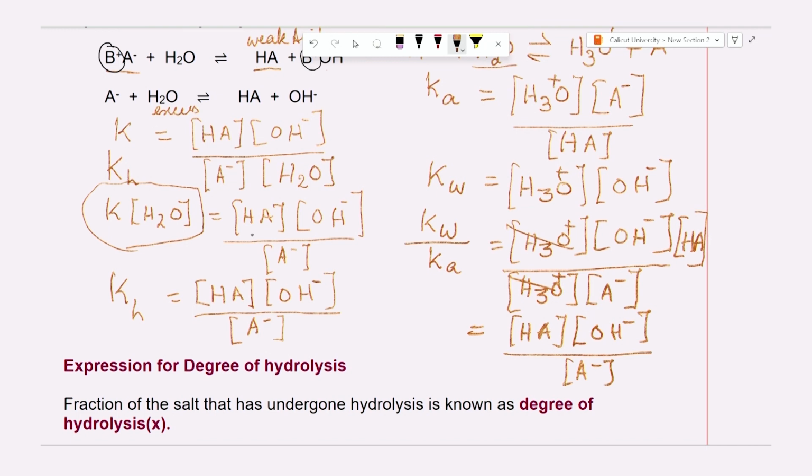What does it mean? Kh is equal to Kw by Ka. That is the expression for the hydrolysis constant of a salt which has a weak acid and a strong base. In that case, the hydrolysis constant will be the ionic product of water divided by the dissociation constant of the weak acid.